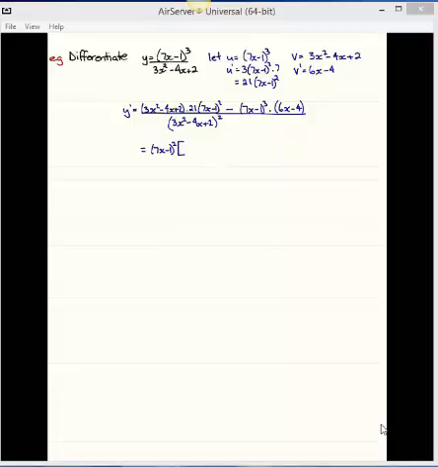So if I take out 7x minus 1 all squared from the first term, I'm left with 21 outside of 3x squared minus 4x plus 2. And then we've got minus, and now looking at the second term, we're left with 7x minus 1, 6x minus 4. So then we can close that big bracket.